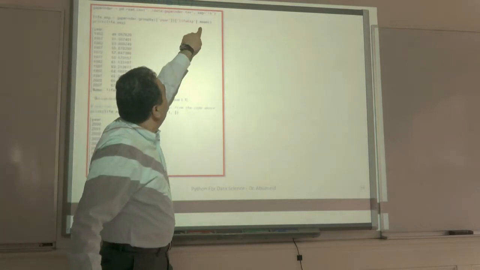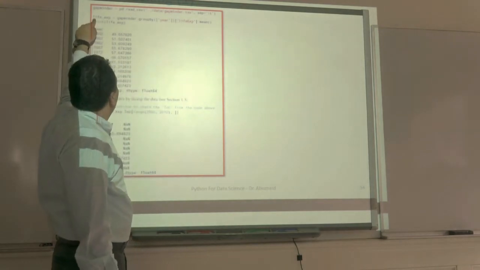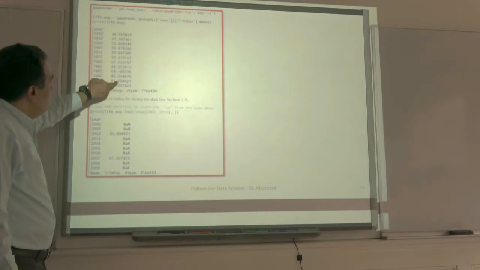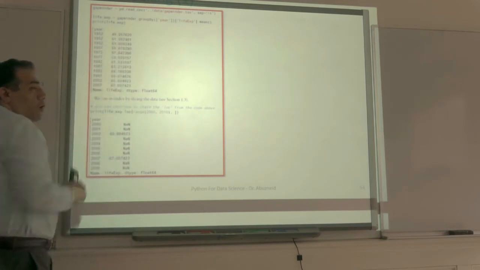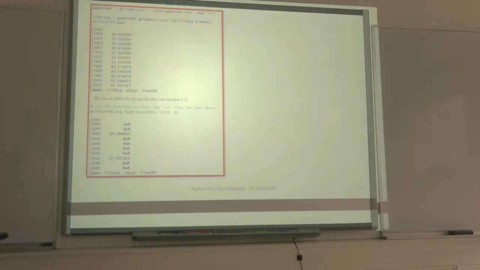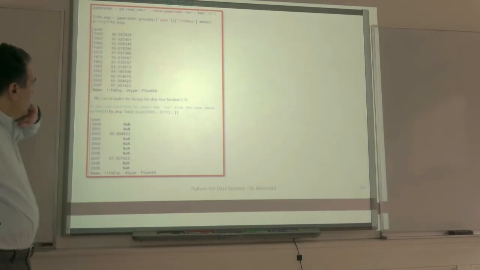You calculate the mean for the life expectancy, and you subtract it from the life expectancy for each year. So this number is a result of subtraction of the mean of the life expectancy from the life expectancy.